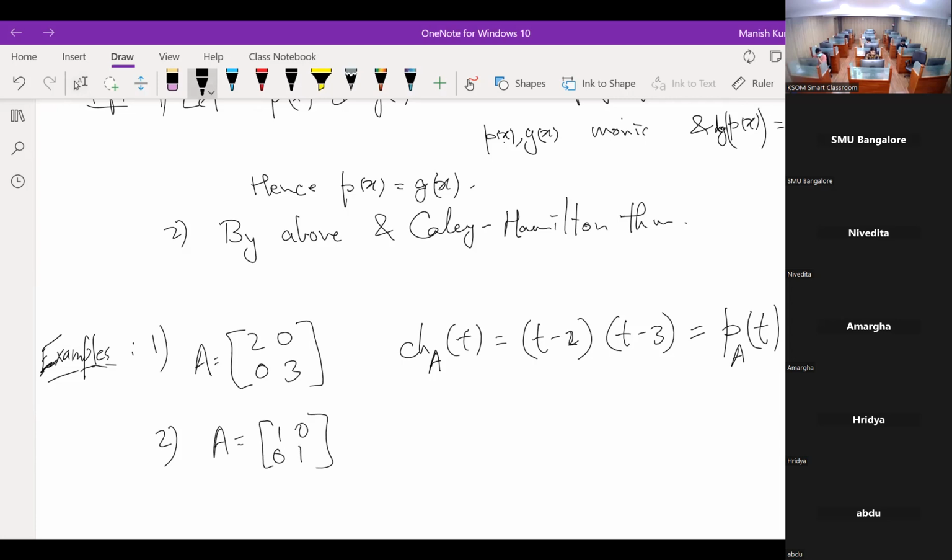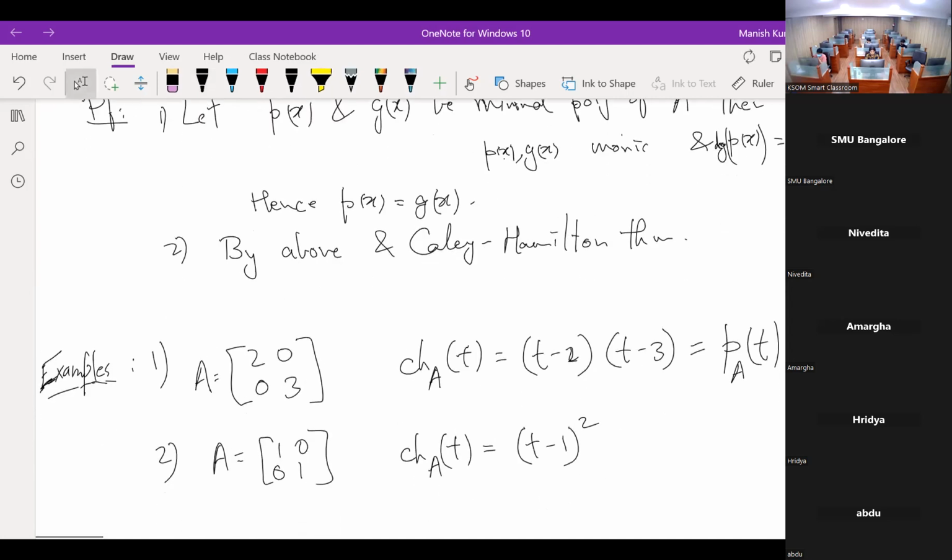Okay. And then what is the characteristic polynomial? It is (t minus 1) whole square. And what is the minimal polynomial of the identity matrix? T minus 1. Yeah.